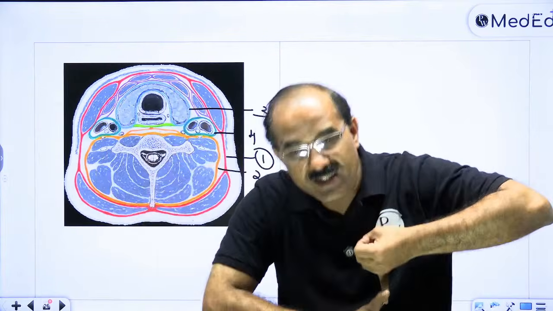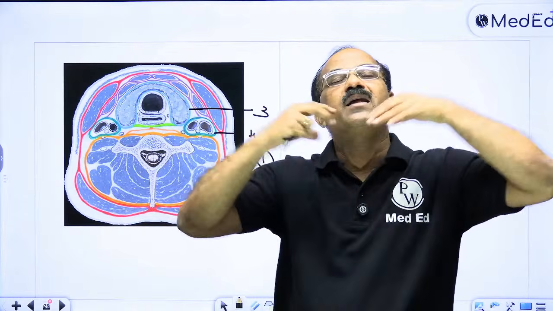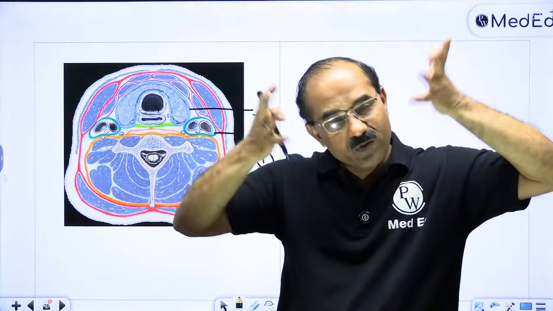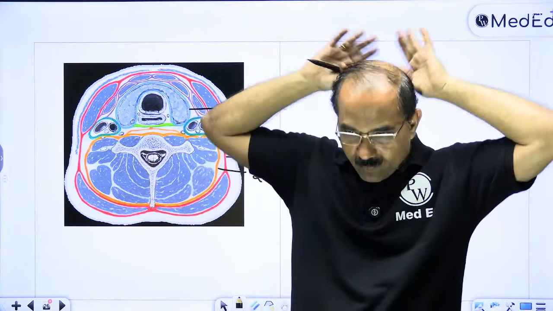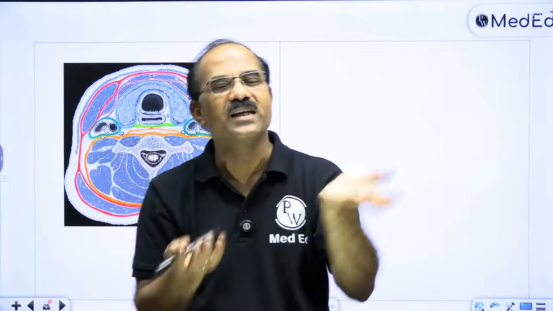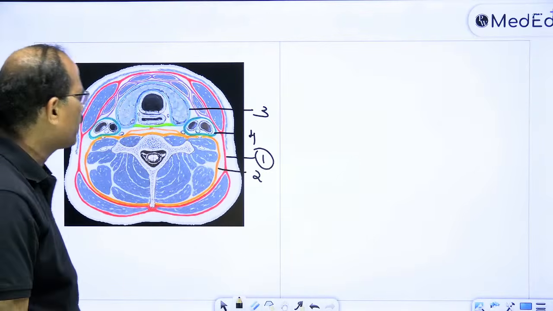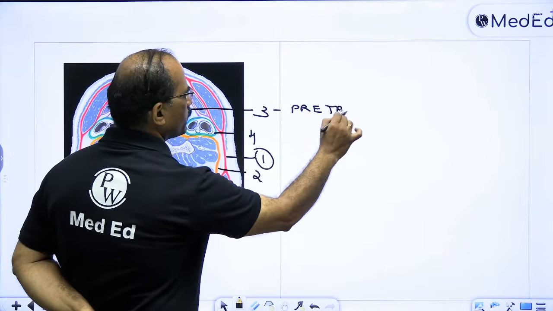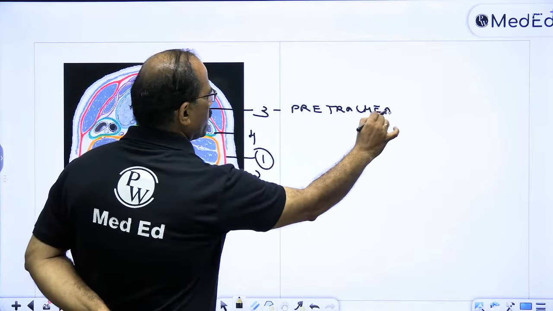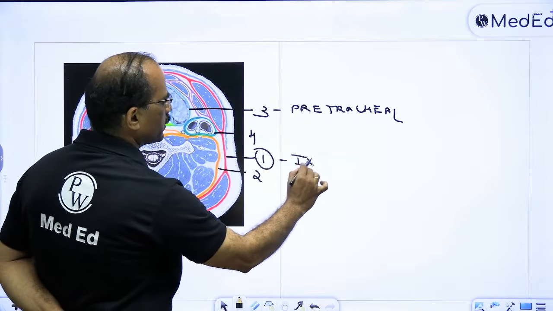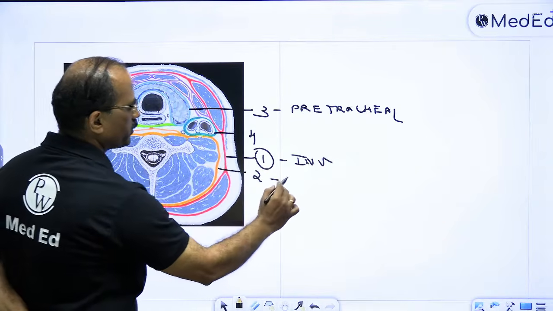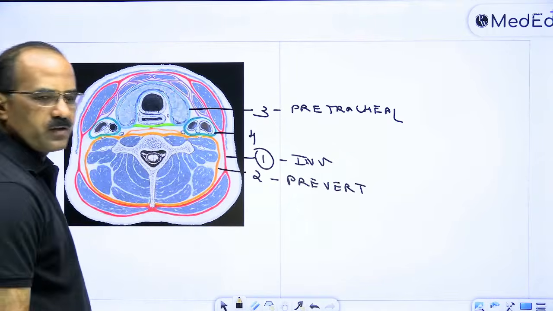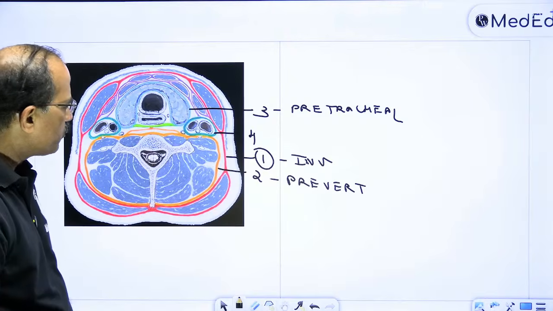So 3 is pretracheal fascia, 1 is the investing layer of the deep cervical fascia, 2 is prevertebral. 4 is the carotid sheath.